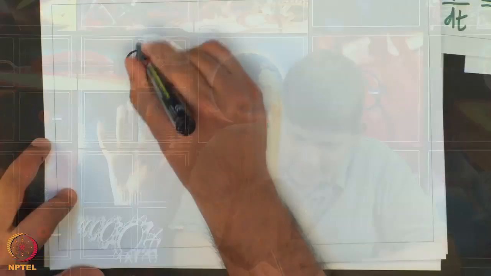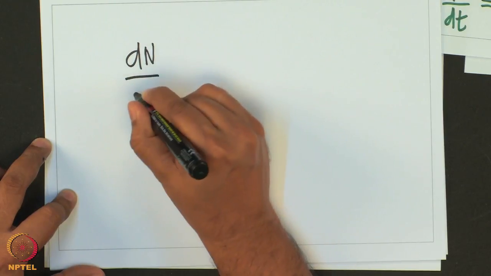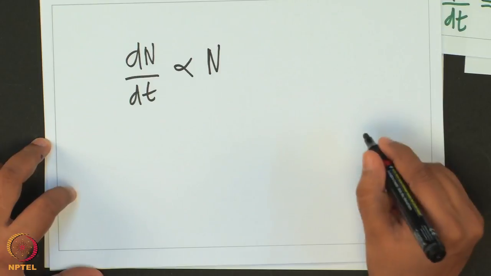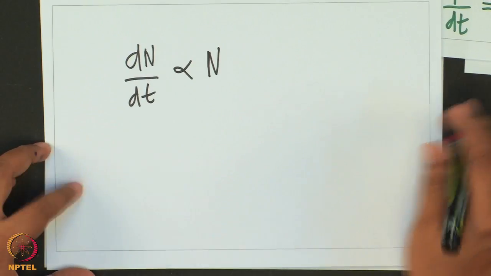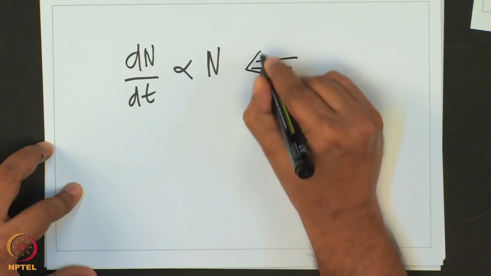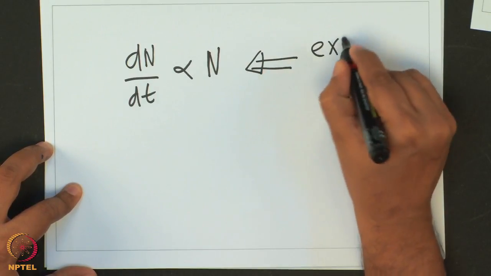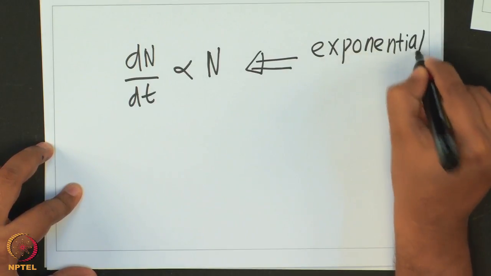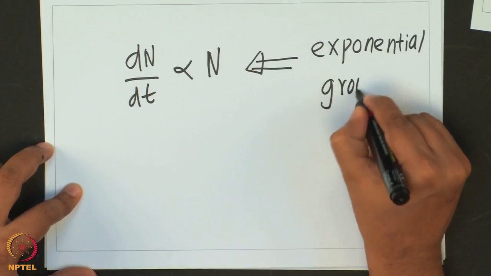If we understand this fact, then dn by dt or delta n by delta t would be proportional to the number itself. So always in exponential growth, this is a phenomenon that will always happen. This is a fundamental of exponential growth.